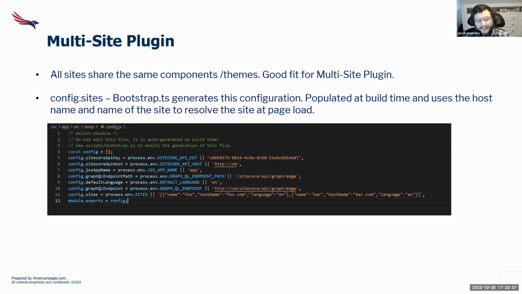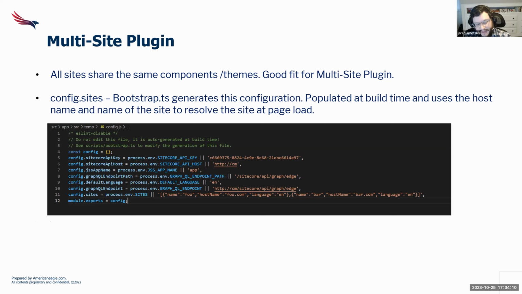But if you're using the multi-site, so you have two sites, or in an extreme scenario like mine, you might have 300 sites, 310 sites. We add new sites all the time. That maps, so you see it says name foo, hostname foo.com. It just looks at your settings item in the tree, where your URL, your hostname, your target hostname, and everything is configured, and it maps it that way. So it knows if the request comes in for foo.com, it's the site foo. So that's how it handles it.